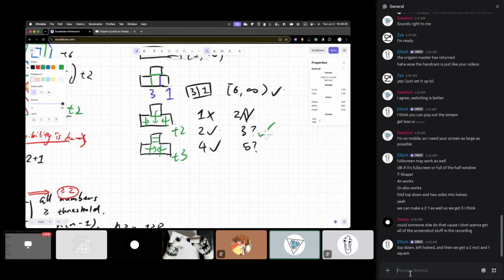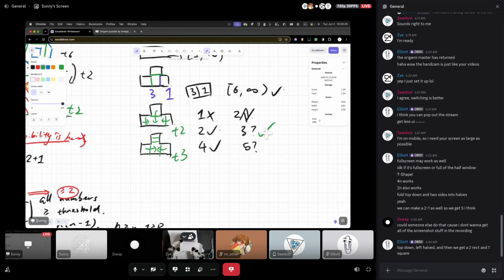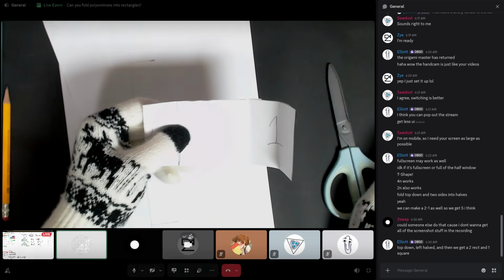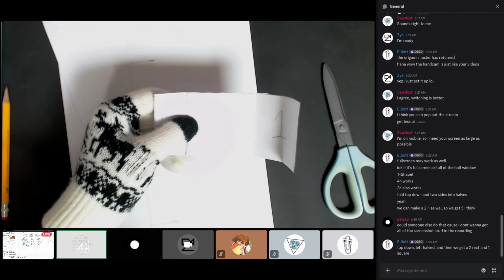Oh, I think I see the 2-1 case. Actually, disregard. I see Elliot's solution, and it works.